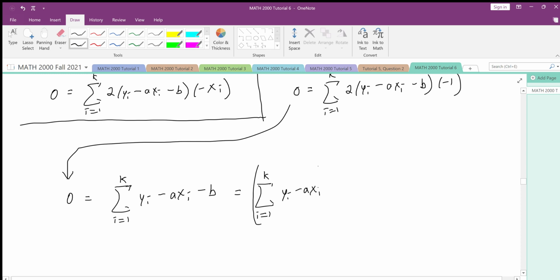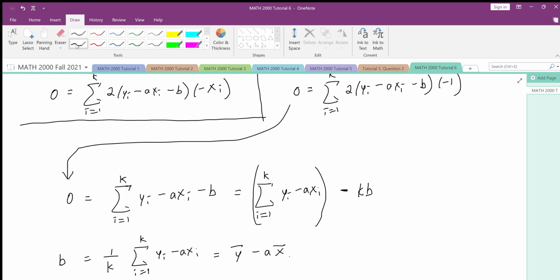So put this summation together, and then the summation of b, constant b k times, that's just kb. So if I move kb to the other side and divide by k, I get this. But if you keep simplifying, you notice that I just have y bar minus a x bar. So that's what my b value is.